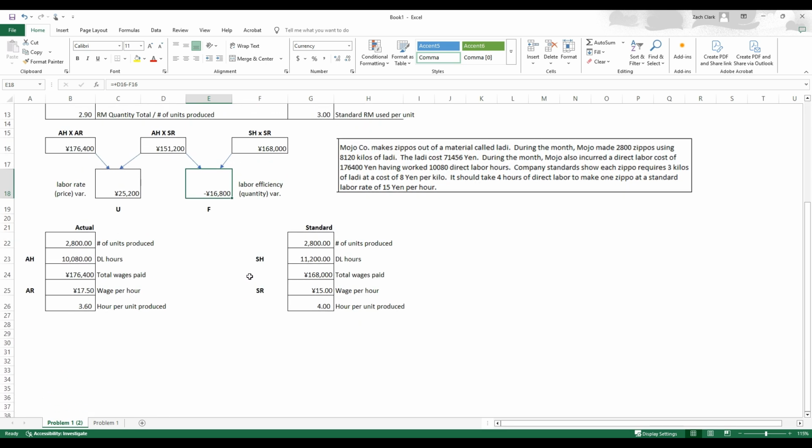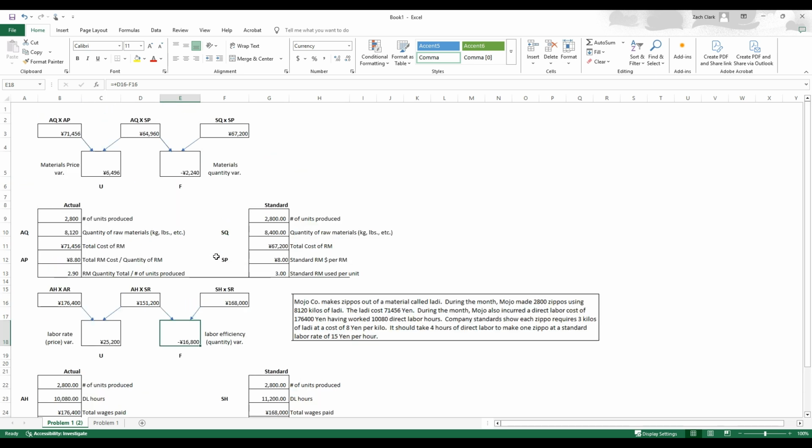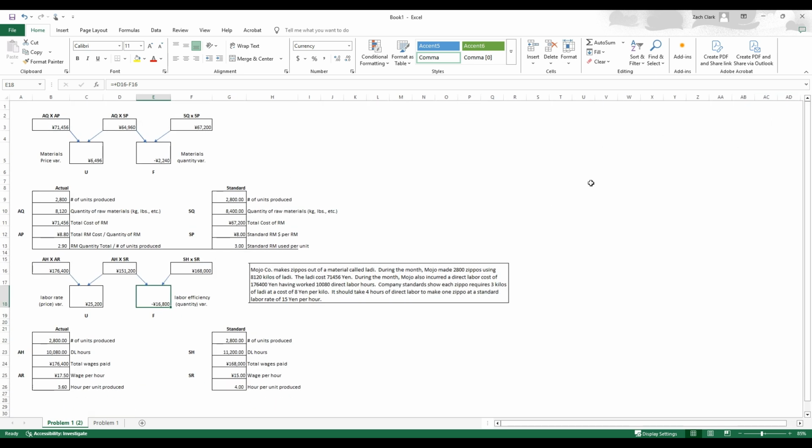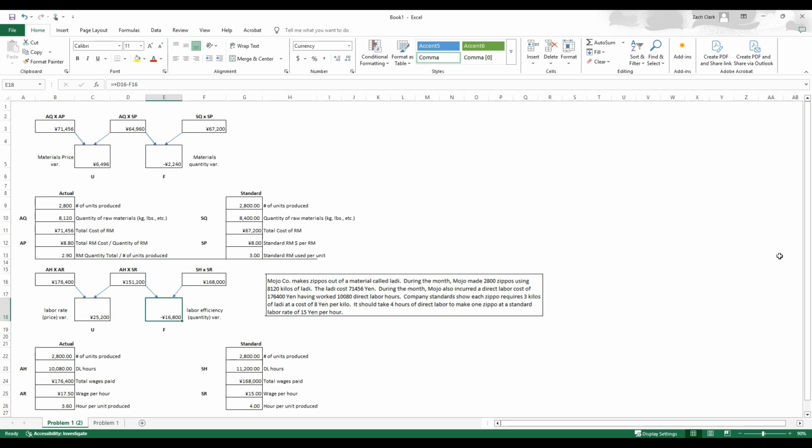Okay, so now we've got all this information here. Zooming out just so I can see everything in one screen. And let's jump back over to our input screen, and we'll input our answers, and hopefully we can get them right.